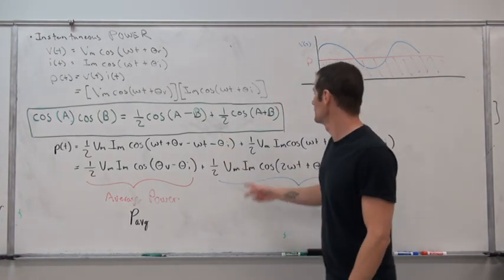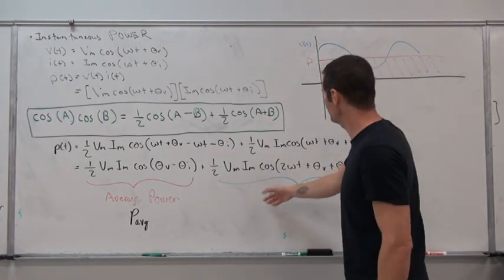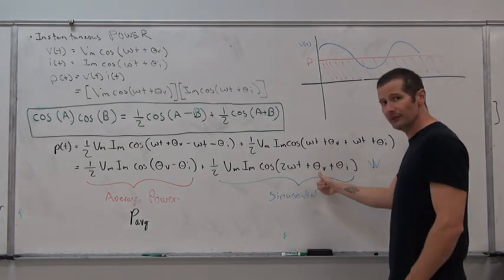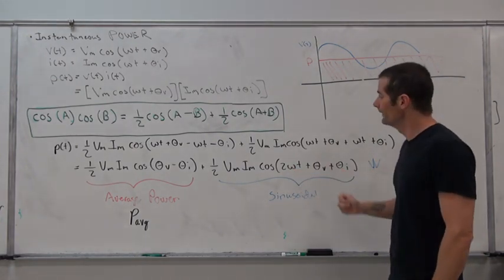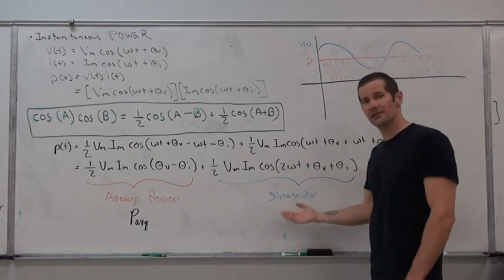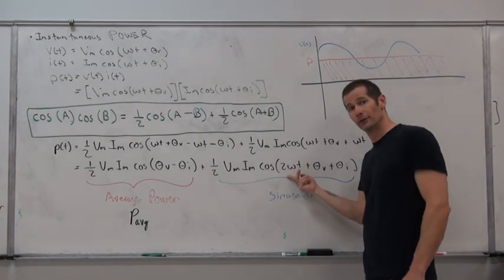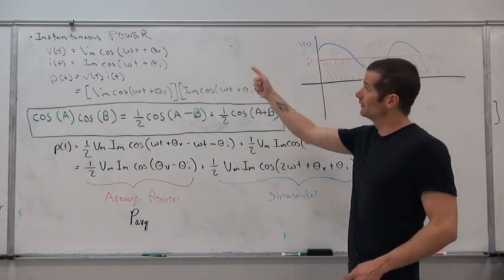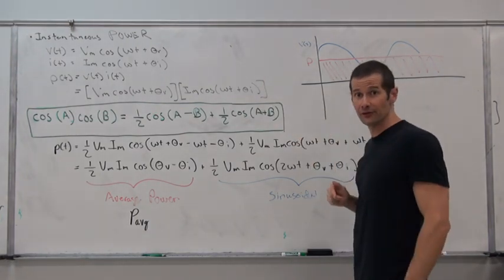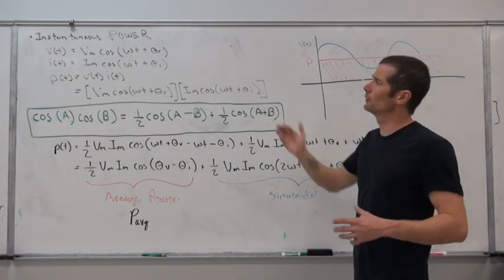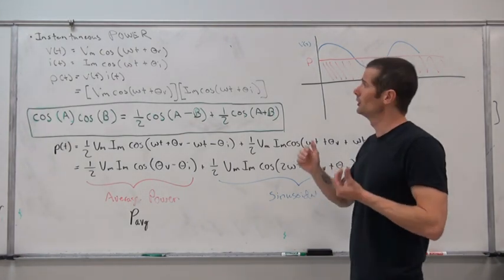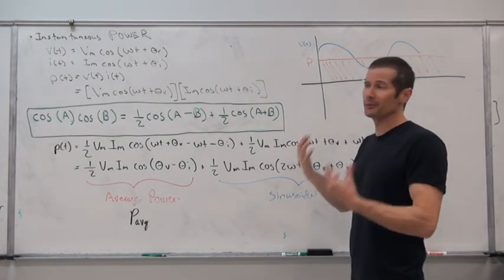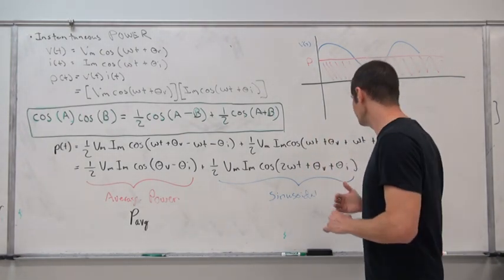And over here, we see 1/2 VmIm cosine(2ωt + θv + θi) produces a sinusoid that's actually double the frequency of the original voltage and current within that system, whether we're looking at the source or at a specific element within that system.